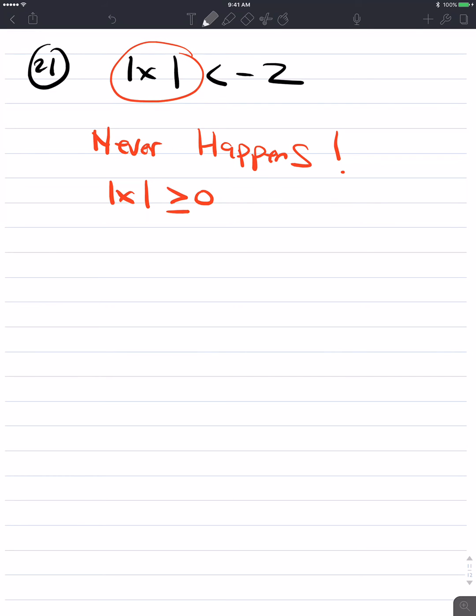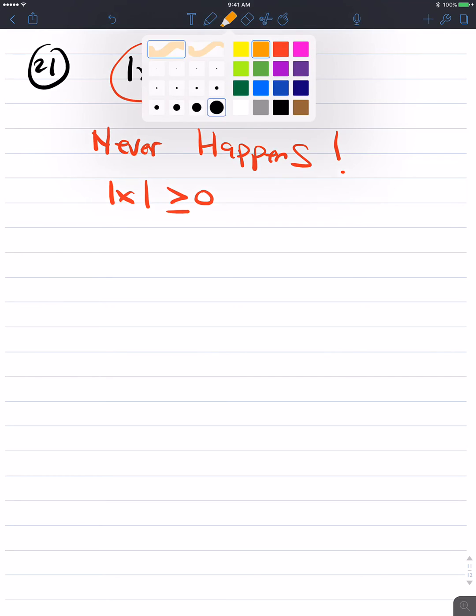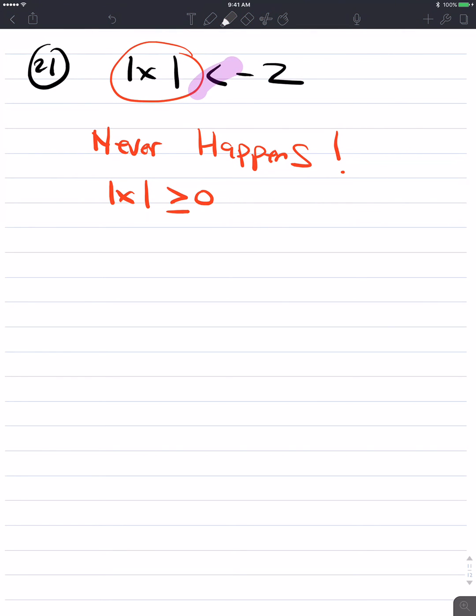Positive numbers are never less than negative numbers. Even 0 is never less than negative numbers. What we say is that there is no solution. Set notation will describe this as the empty set.